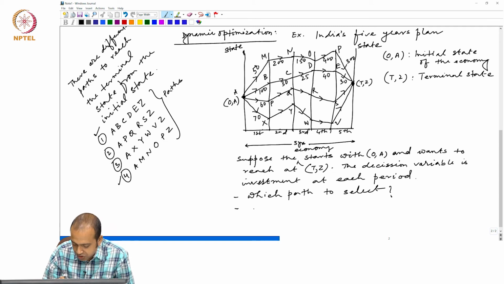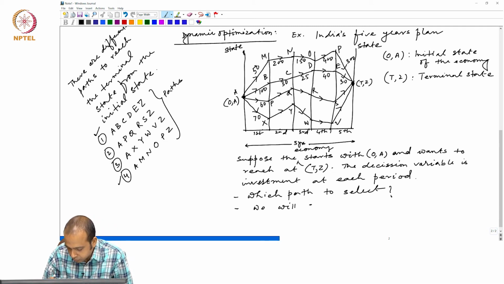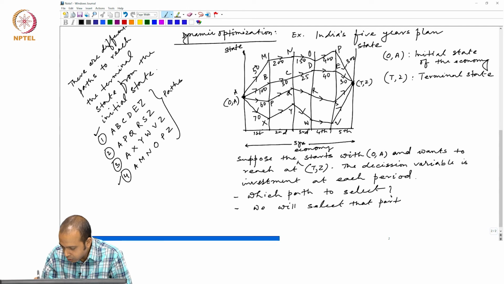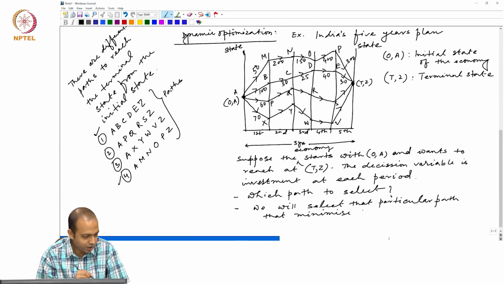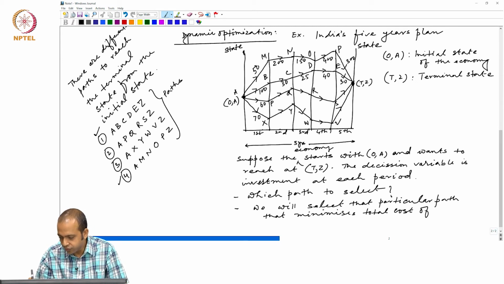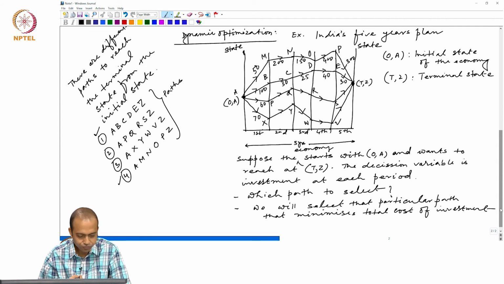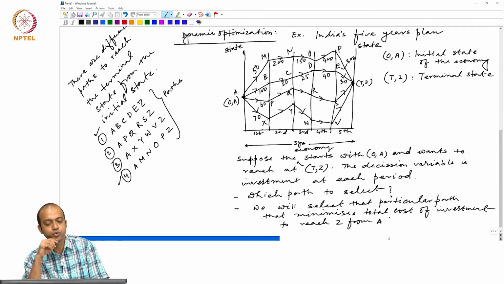So, we will select that particular path that minimizes the total cost of investment to reach Z from A. This should be clear.